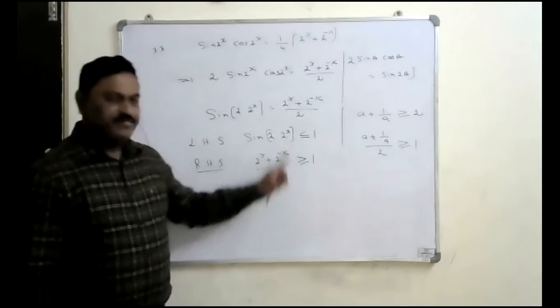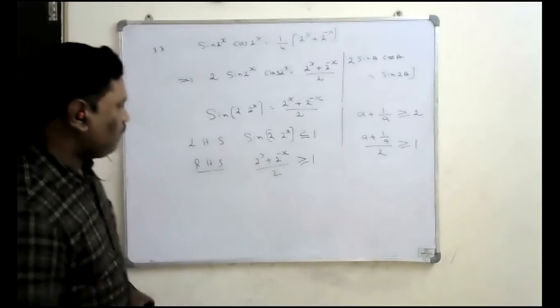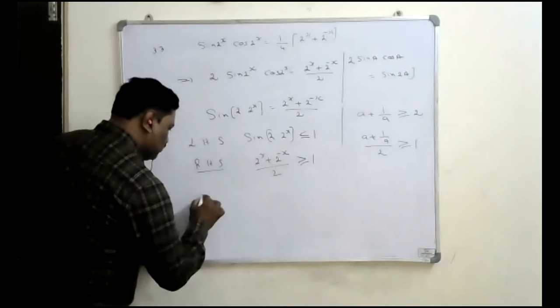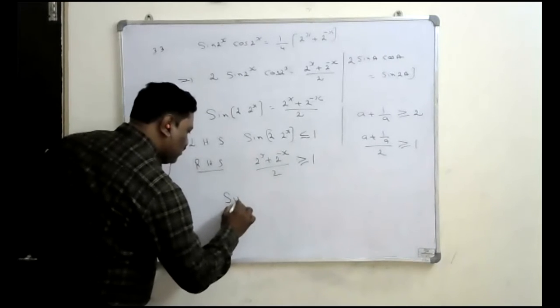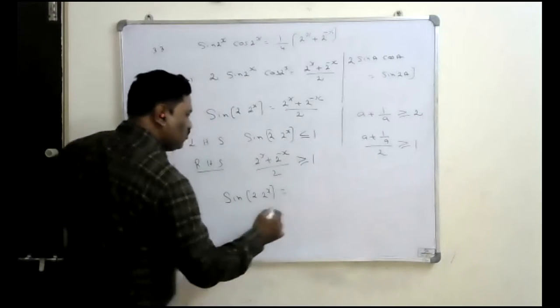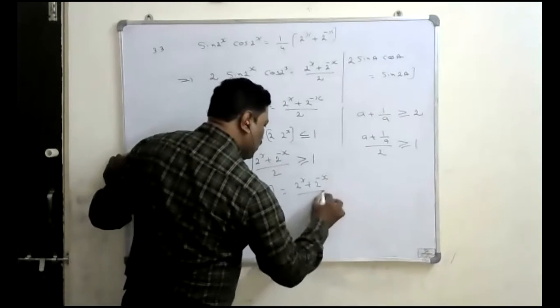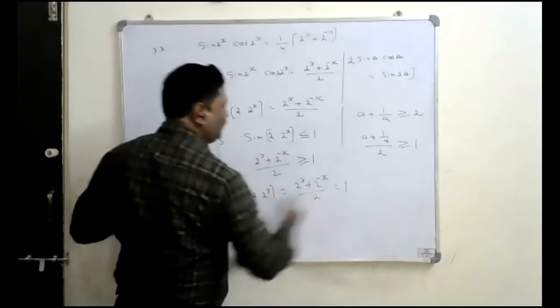And these are equal. These are equal at what value? At 1. Therefore, sine of 2 into 2 power x is equal to 2 power x plus 2 power minus x by 2. Both must be equal to 1.